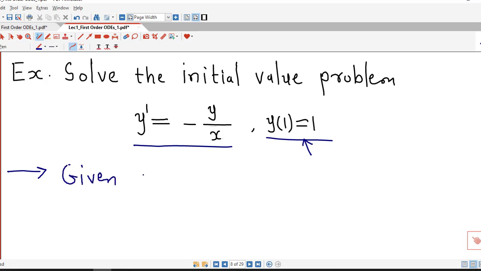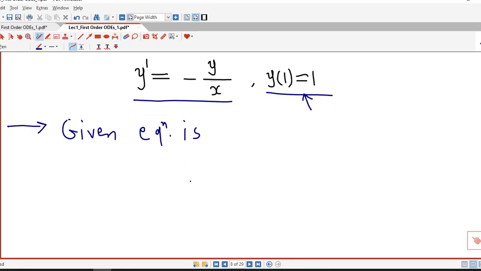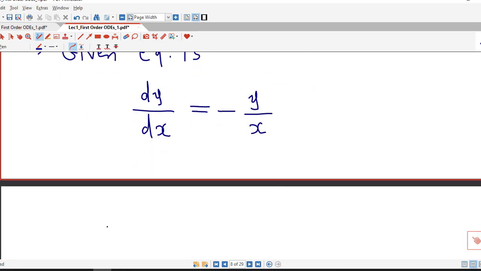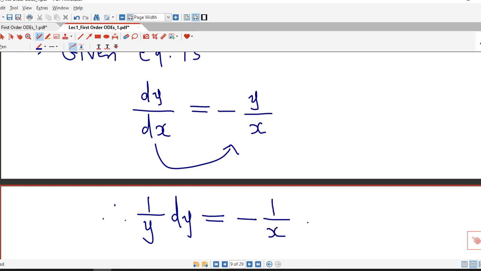So first we write down the given equation. Given equation is y dash equal to minus y by x. y dash is nothing but dy by dx. dy by dx equal to minus y by x. And we can see this is easily separable. We take this y on left hand side with dy, and we shift this dx on right hand side with minus 1 by x.